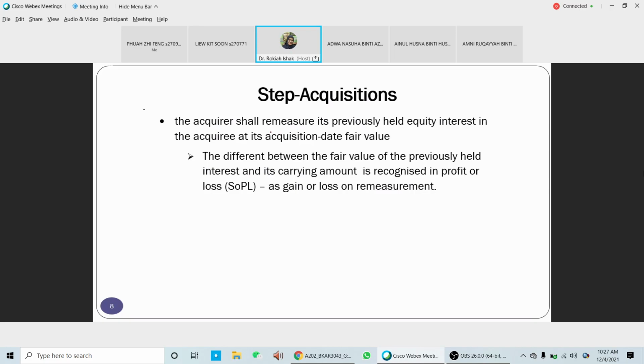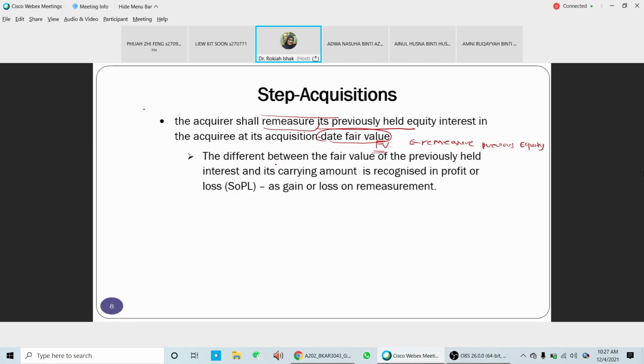This is what we need to do in a step acquisition: remeasure the previously held equity interest. The purpose of remeasuring the previous equity is to find the fair value, which should be the value at the date of remeasurement. So you need to find the new fair value.